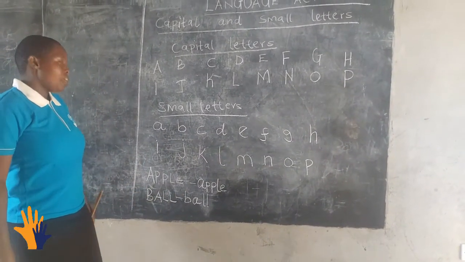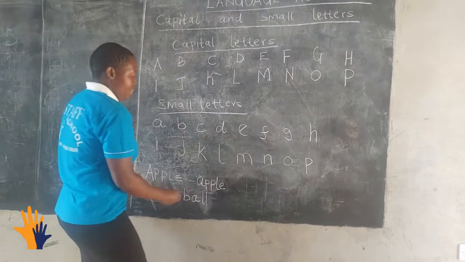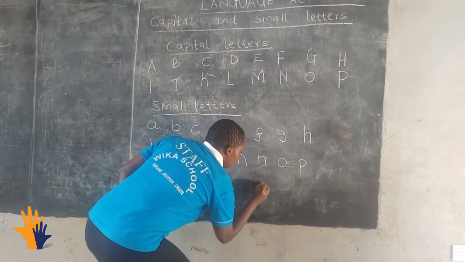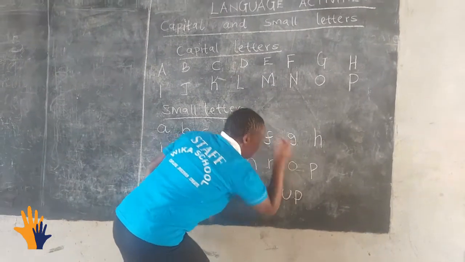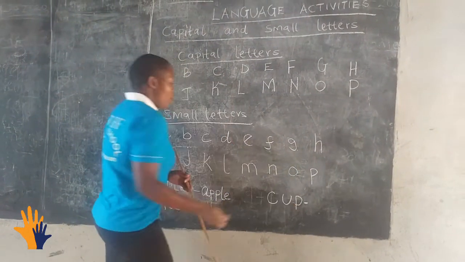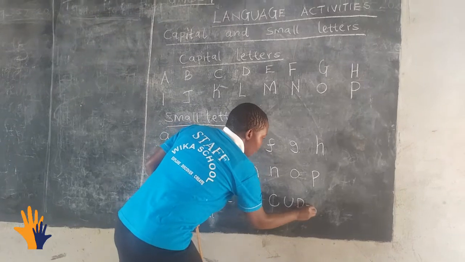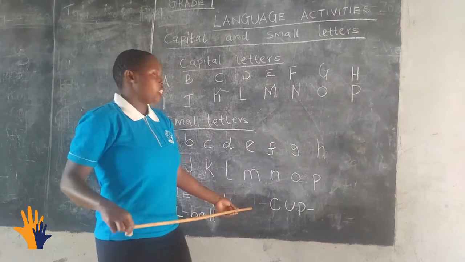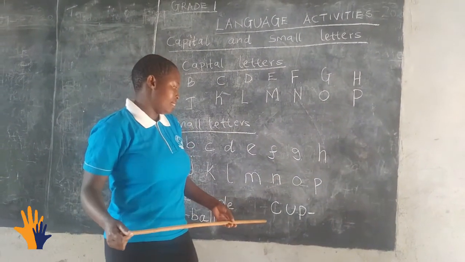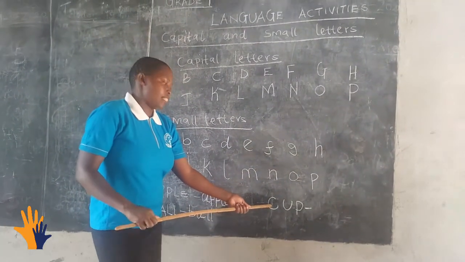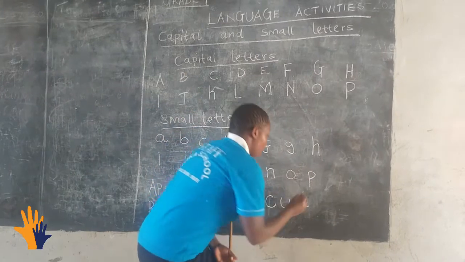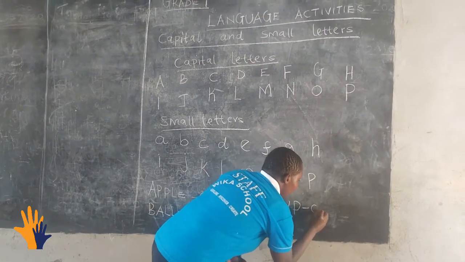Good. The last one is cup. The last word is cup. So we want to write the word cup in small letters. Let us start, children. So this being capital letter C, we want to write it in small, like this, children.